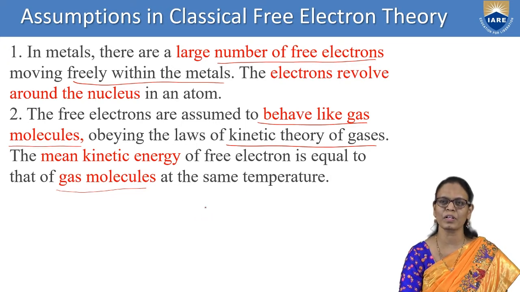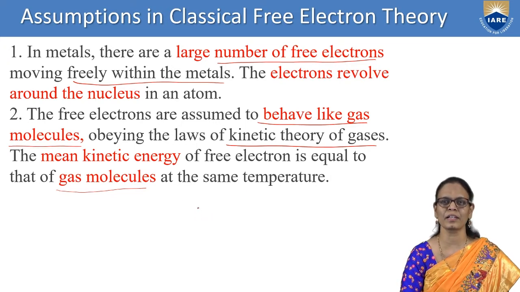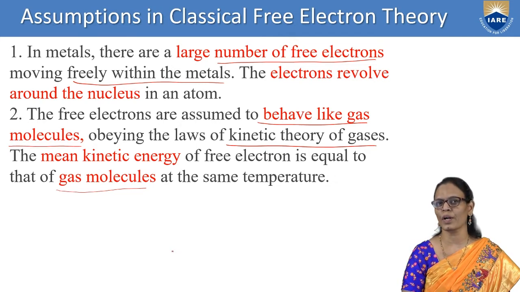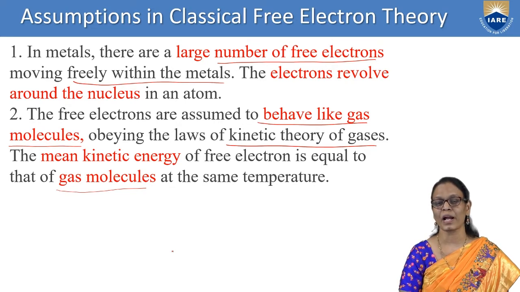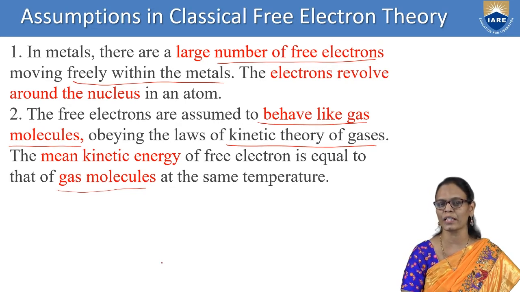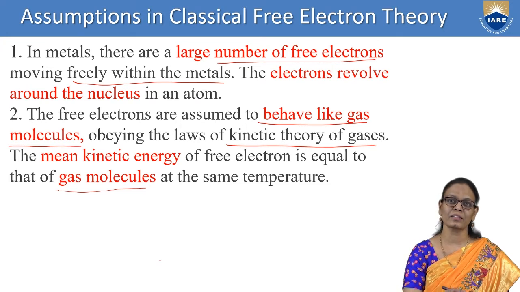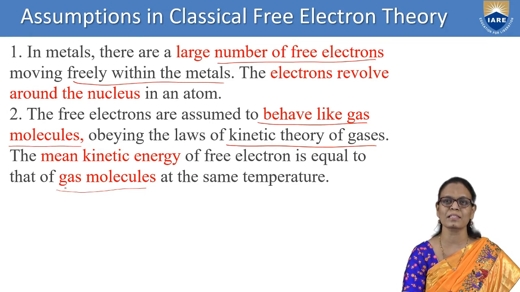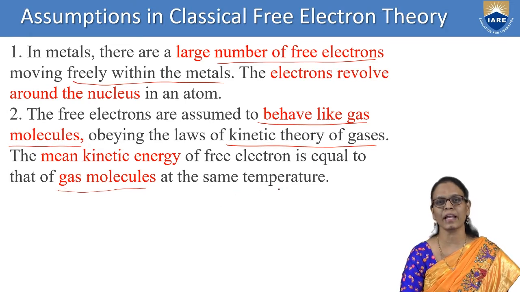So even if you are talking about gases, as the temperature increases, the kinetic energy of the molecules increases. Here what they said, as the temperature increases, we can make the electrons free. And these electrons are free to move anywhere inside the metal. And the kinetic energy of the free electron is equal to that of the gas molecule at that same temperature.